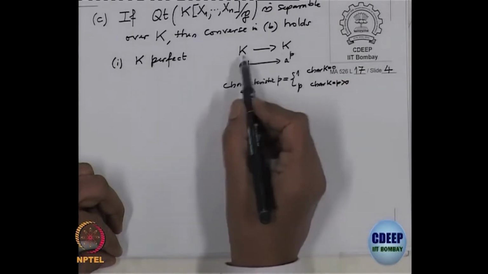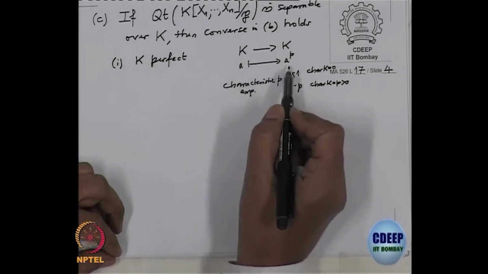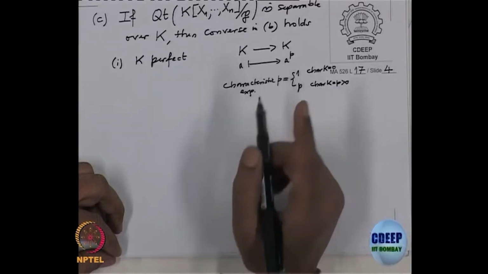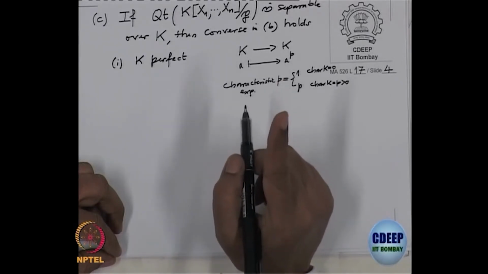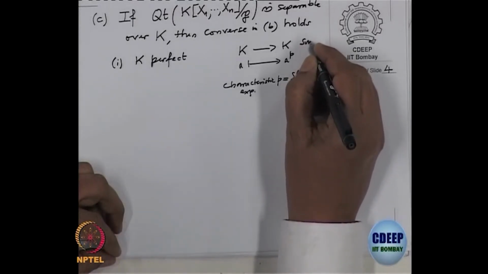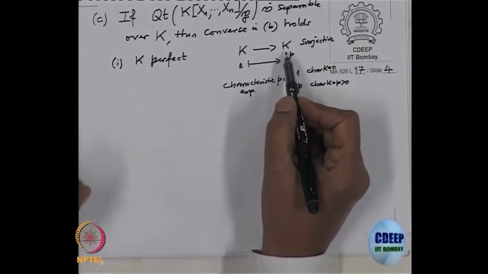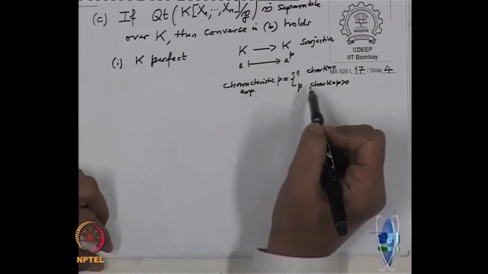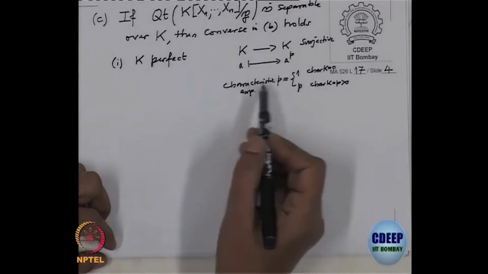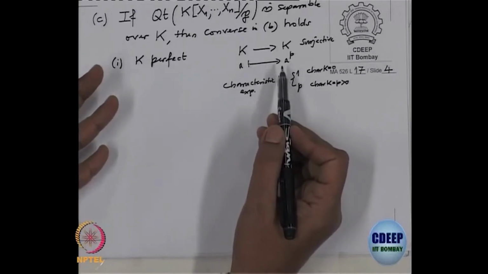This map is clearly a ring homomorphism, and when this map is surjective, then it is called perfect. That is the definition. That simply means every element in K has a pth root, where p is the characteristic exponent. For example, finite fields are perfect, because in the case of finite fields, this map is always injective and therefore surjective.